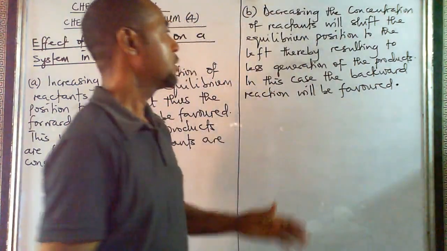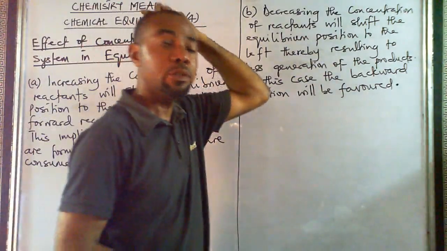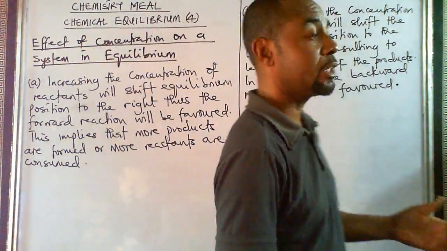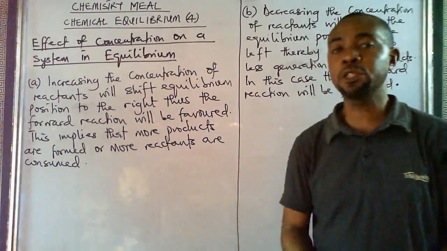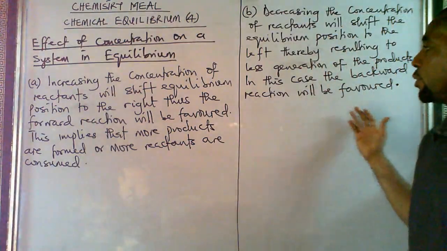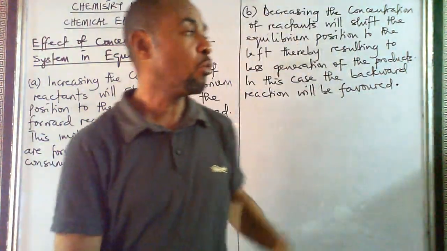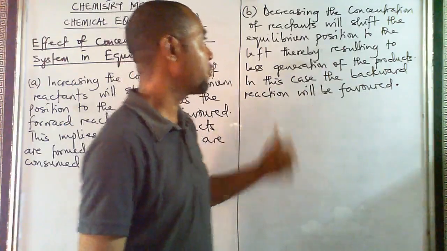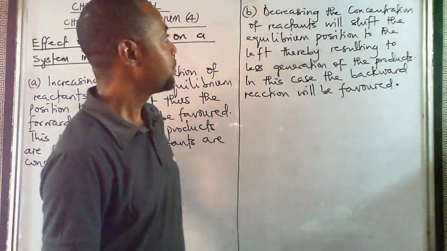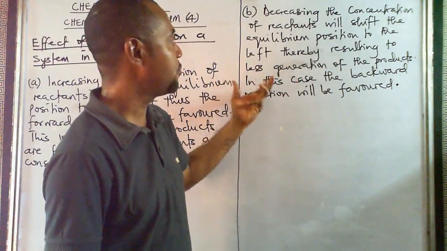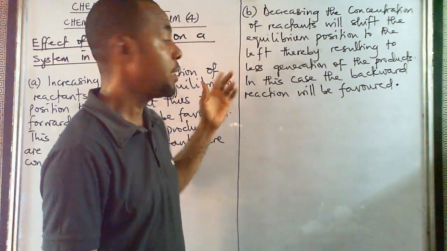Less generation of products means less reactants will be used, because the backward reaction will be favored. So when we decrease the concentration of reactants, the equilibrium position will shift to the left.